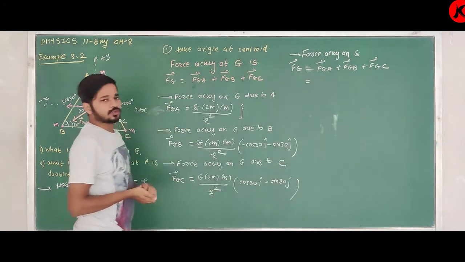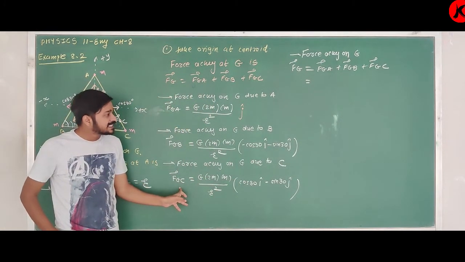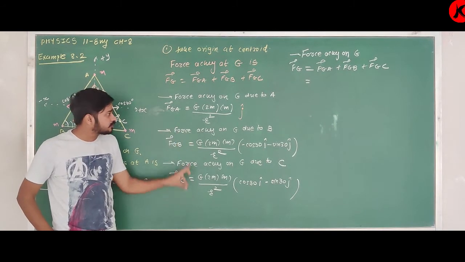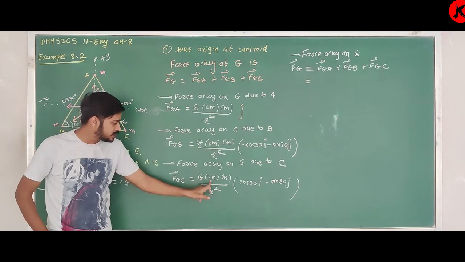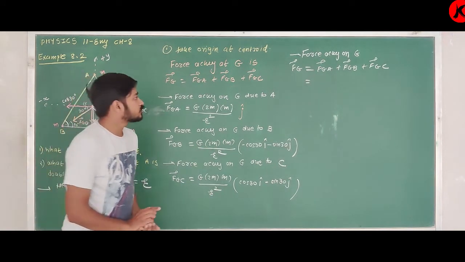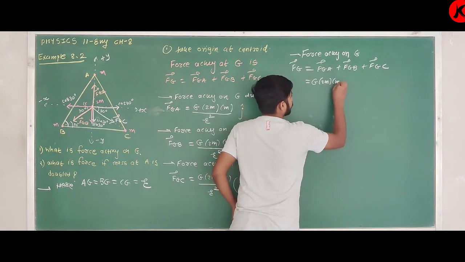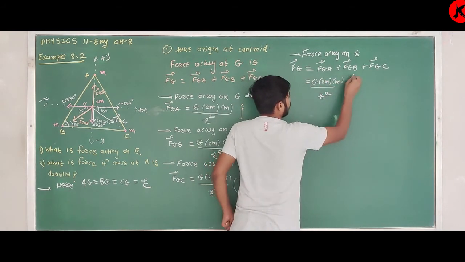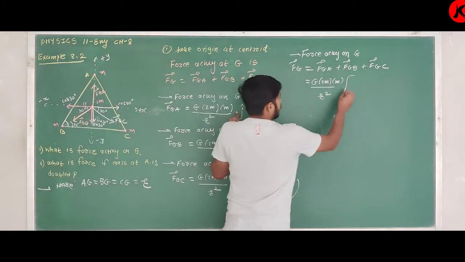In all three equations, G 2m upon r square is common, so I will write it common, G 2m upon r square.